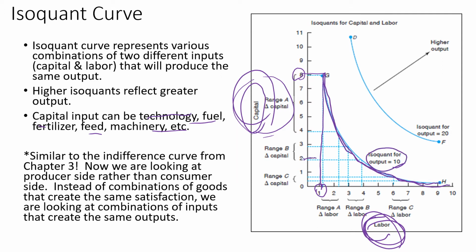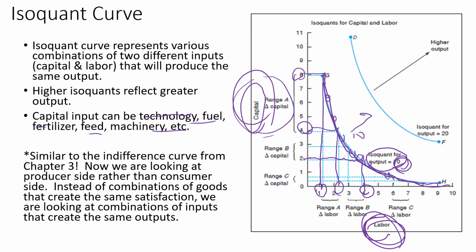If we use 2 units of capital and 4 units of labor, that's also going to produce 10 units of output. Similarly, if we use 4 units of capital and 2 1/3 units of labor, that's going to also produce 10. So every single point and combination along this line is going to produce 10 units of output.